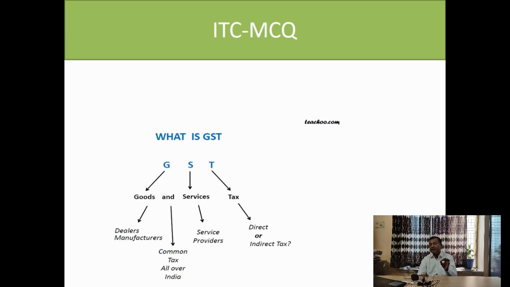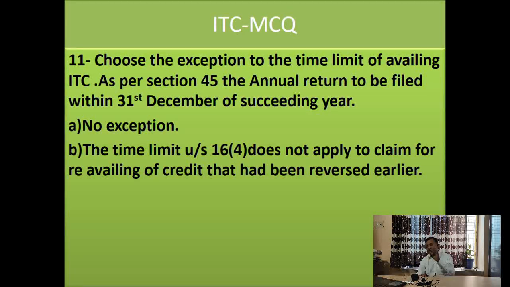The time limit under section 16 subsection 4 does not apply to re-availing credit that has been reversed earlier. Suppose the ITC had been reversed. Now you are going to re-avail this, then the time limit is not applicable. So B is the answer here.